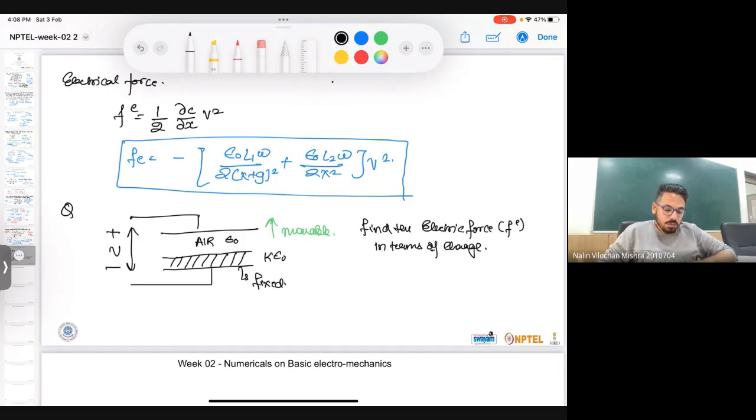So how you are going to do this? First, you need to calculate the C equivalent. So can anyone tell me how this C1 and C2 are connected? Are they connected in series or parallel?